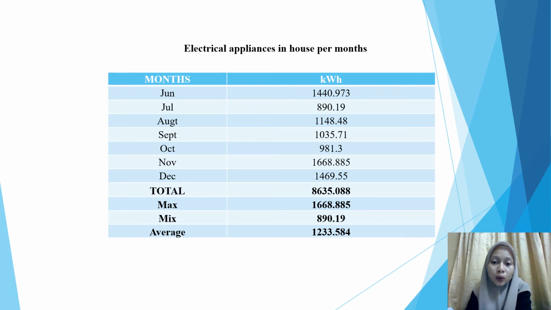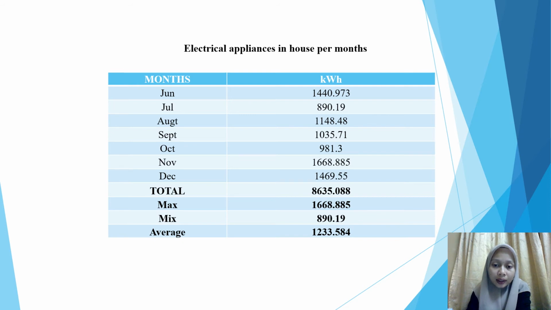August, 1,148. September, 1,013.5. October, 981. November, 1,616.8. Lastly, on December is 1,469.